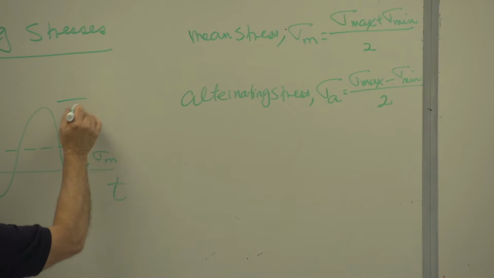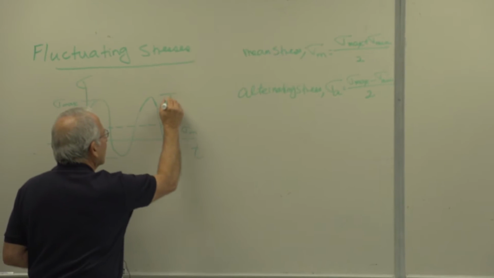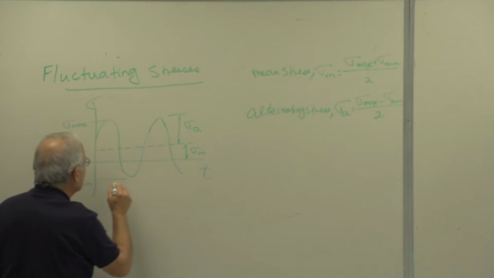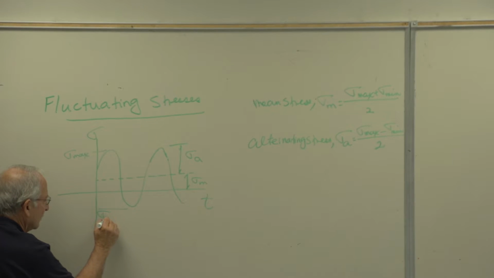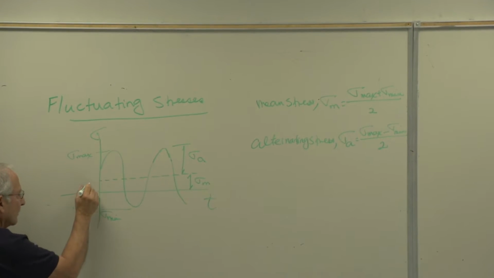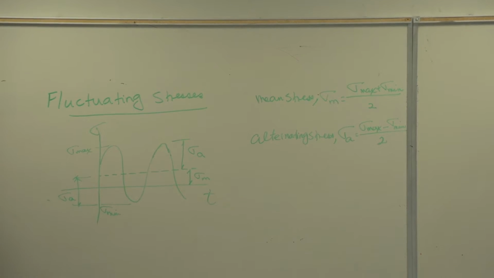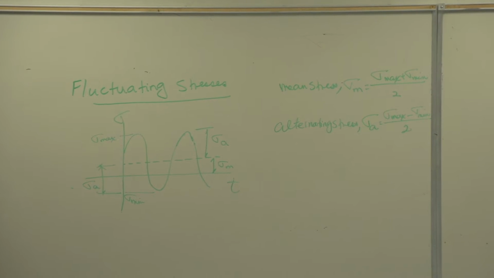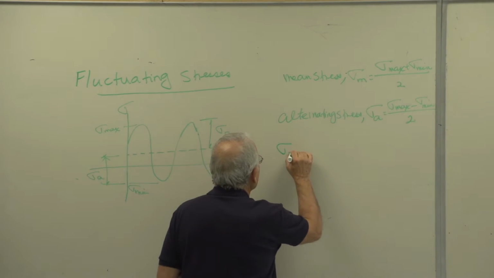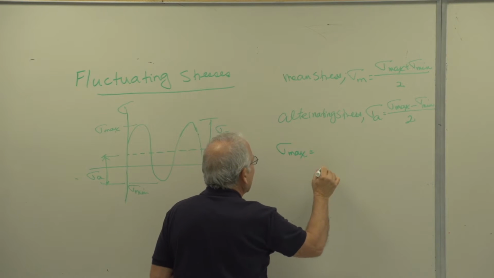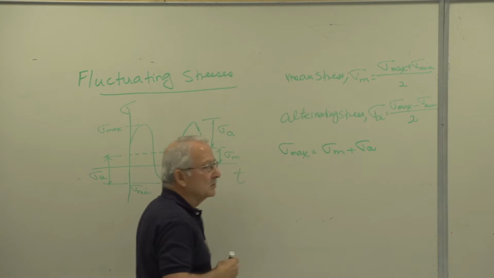In this case, it would be either this value or that value, mean and alternating value of the stress. Therefore, we can write sigma max is equal to sigma m plus sigma a.